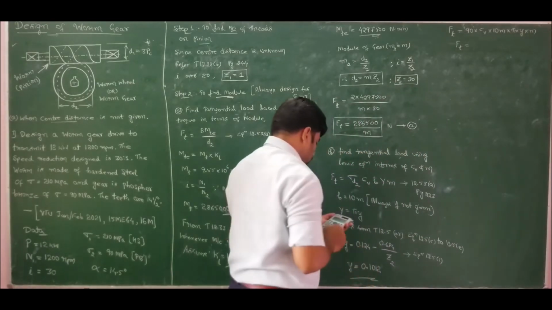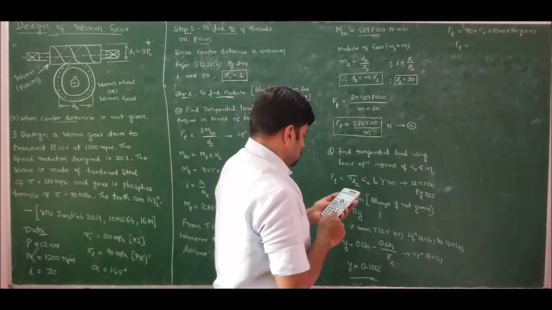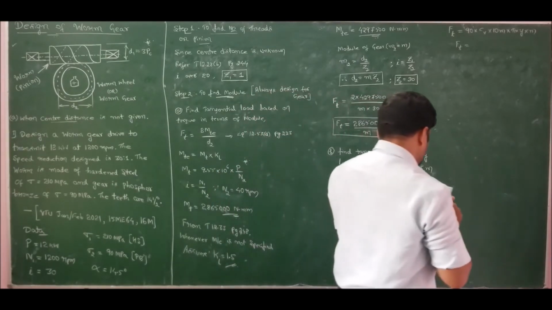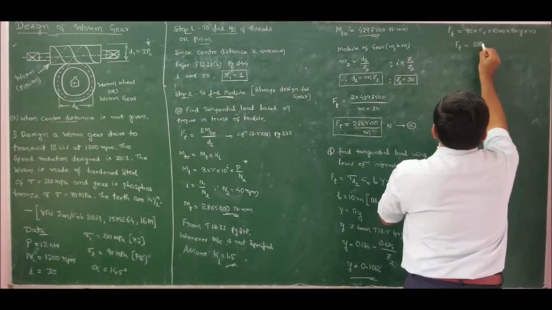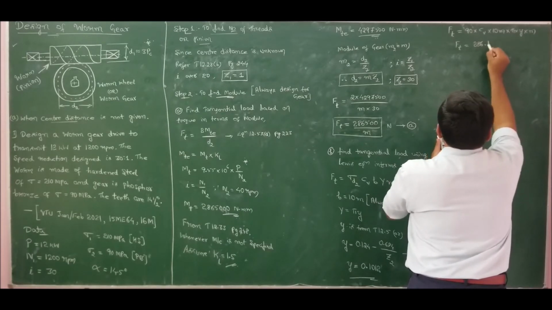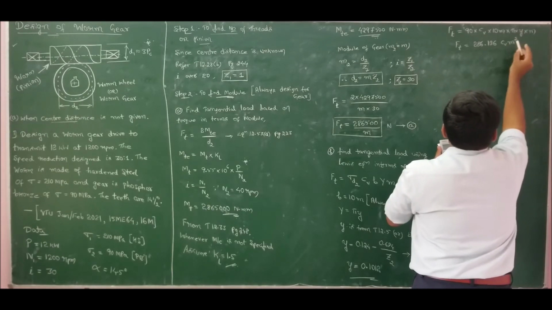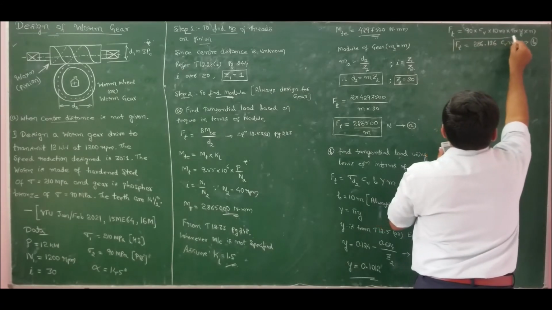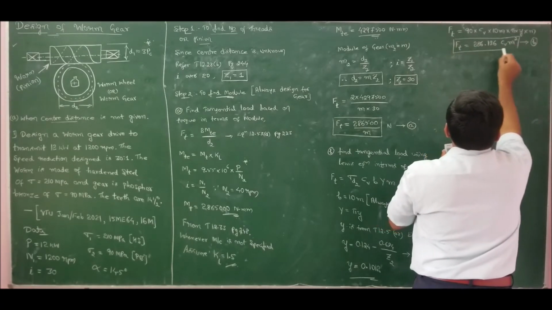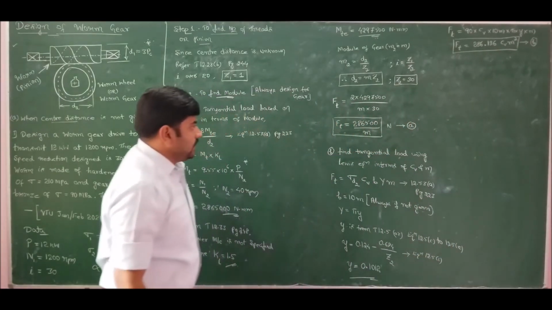The y value is 0.1012, which is known to me. So I will get the answer as 286.136 CV into module square. Take this as equation B. 286.136 CV into module square is the value of Ft based on Lewis equation.